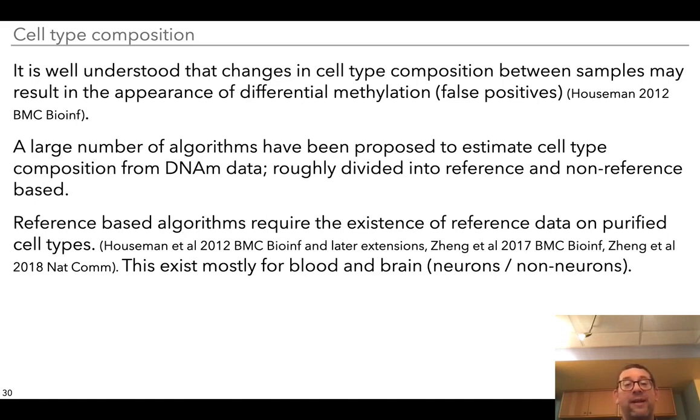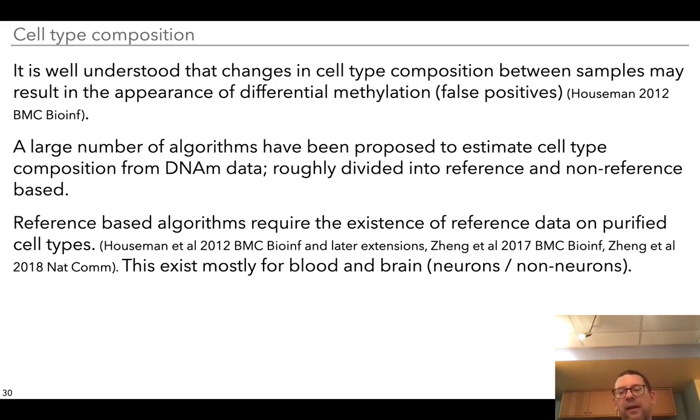So the reference-based algorithms really require the existence of these reference data. Houseman has a method which he has expanded on. There are some later extensions on it, and there's a method called EpiDISH from Zheng that I also recommend taking a look at. But this is a relatively crowded field, although there are subtleties.